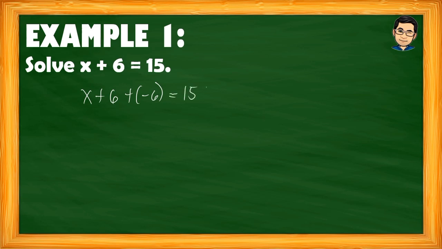So applying addition property of equality, kung anong in-add natin to both sides, sa left side, ganun din po ang i-add natin sa right side para maging equal pa rin sila. So 6 plus negative 6 is 0. So ang matitira lang po dito sa left side is x. And then 15 plus negative 6 is positive 9. So apply natin yung rules ng addition of integers. So follow the sign of the bigger value and then proceed to subtraction. So the value of x here is 9.